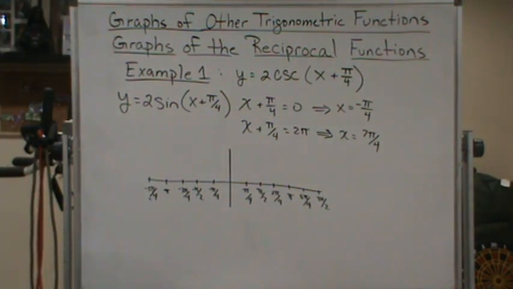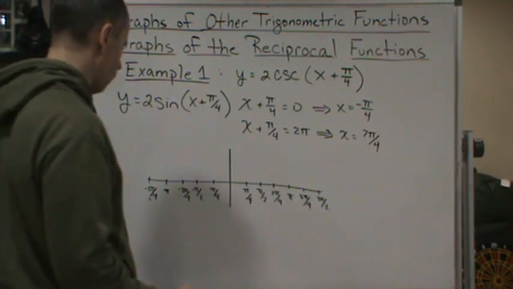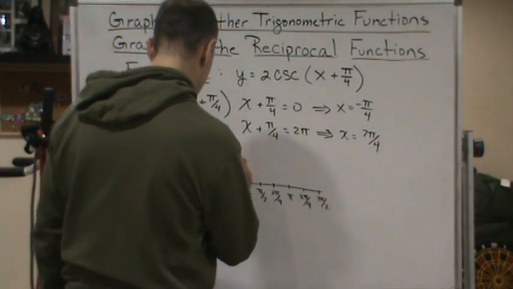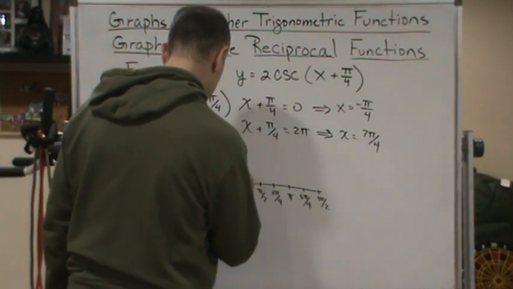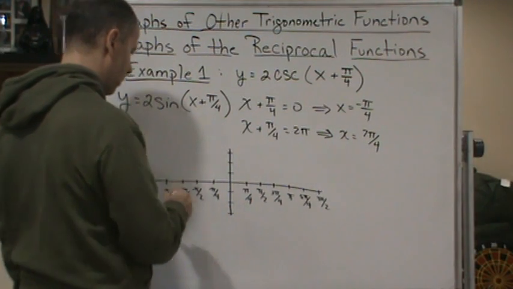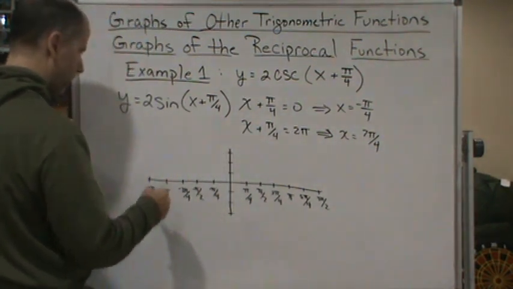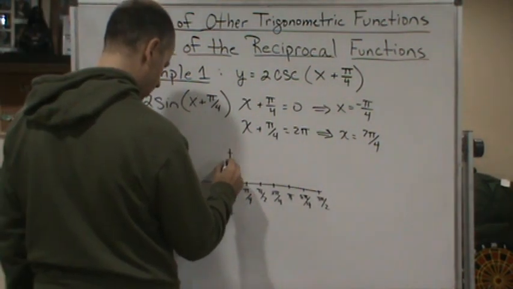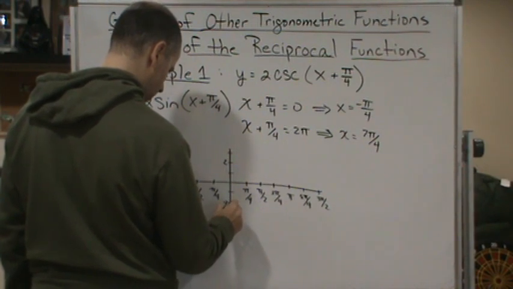Okay, so let's do this. The amplitude is going to be 2, so the sine function is going to bounce between 2 and negative 2. So we've got 2, negative 2.